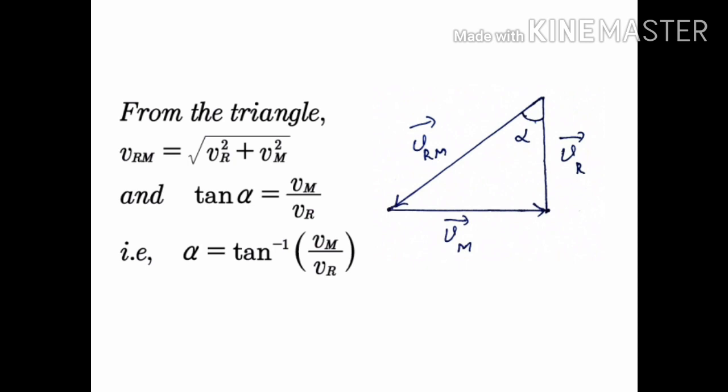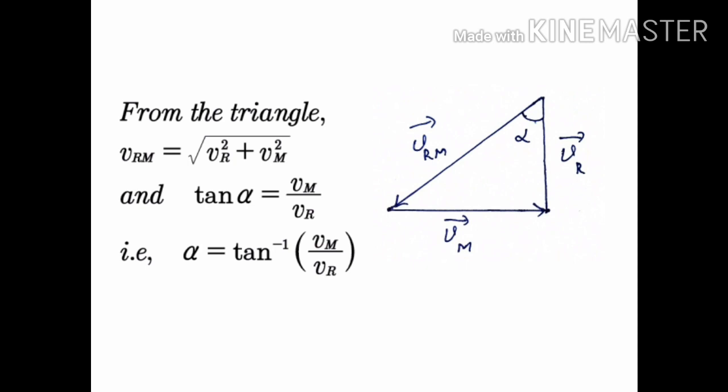From that, VRM equals root of VR square plus VM square by the Pythagoras theorem. Similarly, we find alpha by taking tan alpha, because the VR and VM values are generally given. Therefore, tan alpha equals VM by VR.